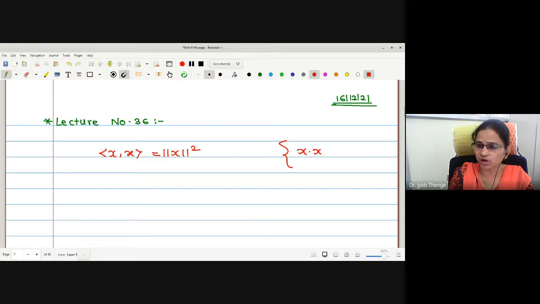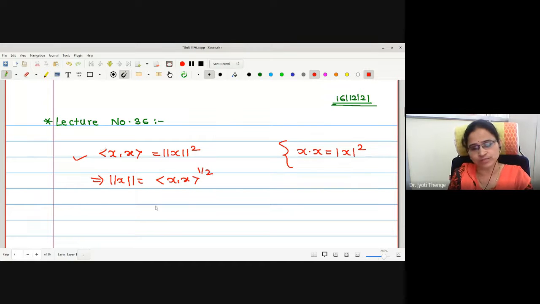Inner product x dot x is mod of x square. This dot product is generalized to inner product, modulus is generalized to norm. Therefore, this relation is there. Therefore, norm x I can define as under root of the inner product xx, right?